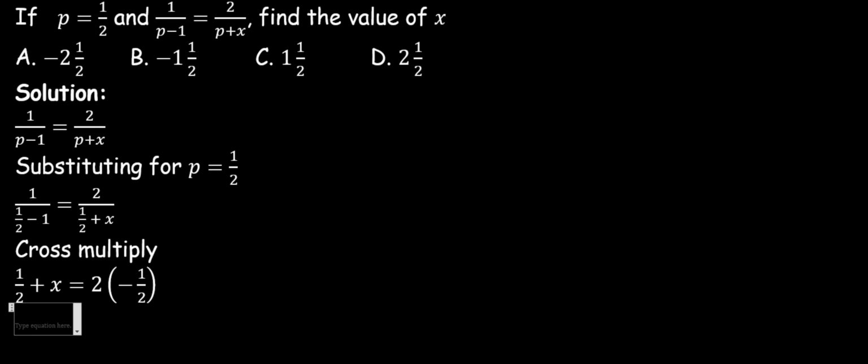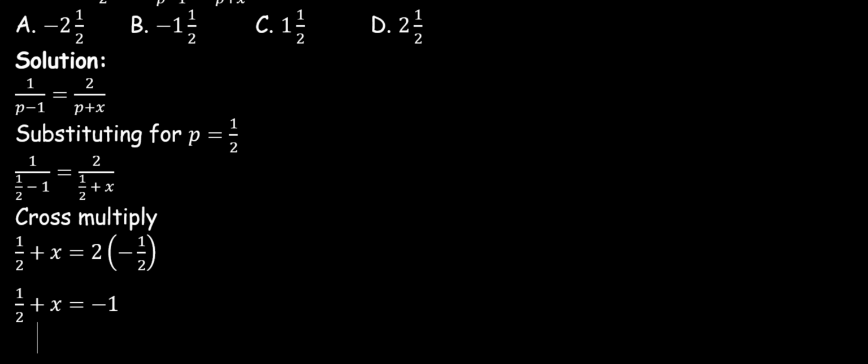Our simple result will be half + x = -1, because once you use 2 to multiply minus half, your result on the right hand side will be -1. So next we make x the subject of the formula. x = -1 - half, and the result is equal to -1 1/2.